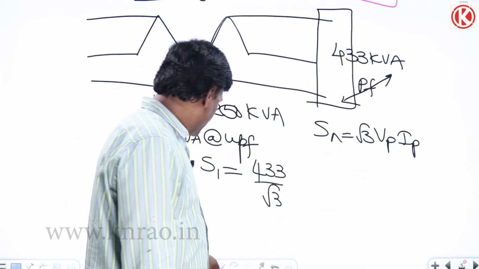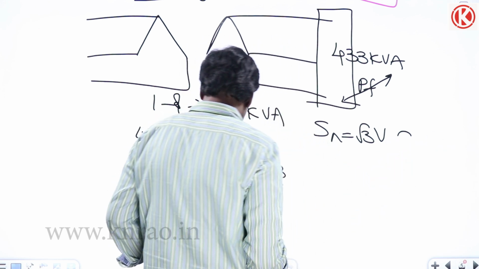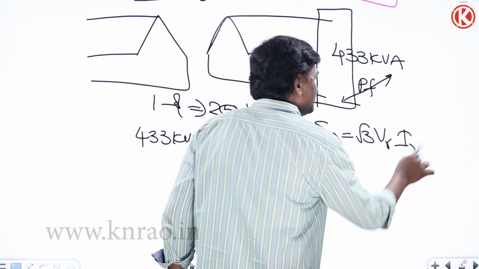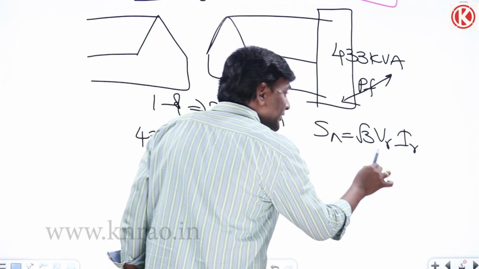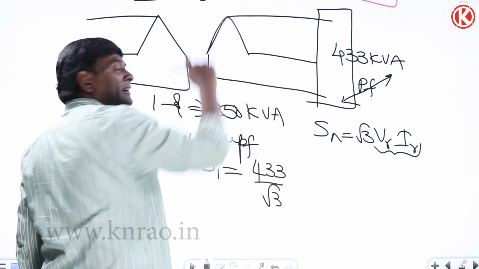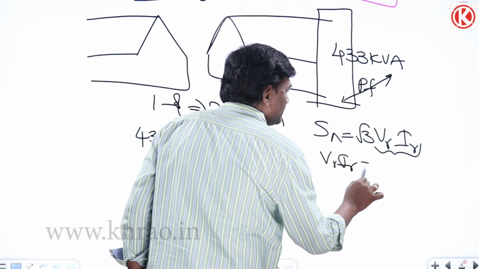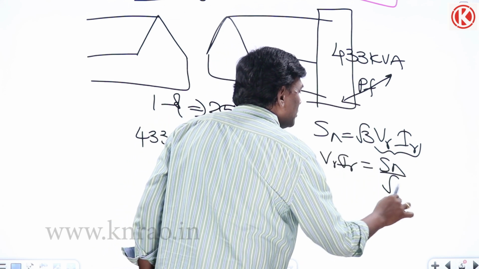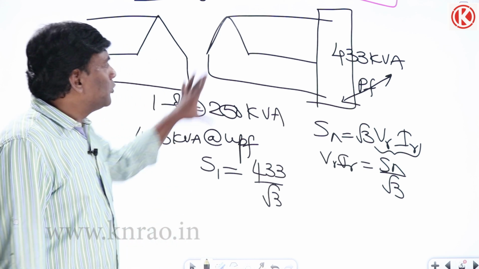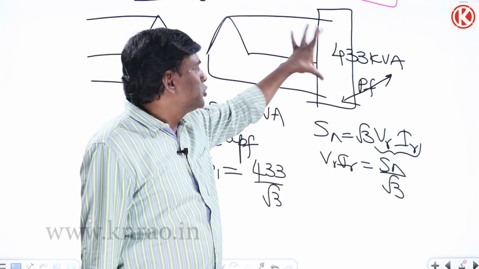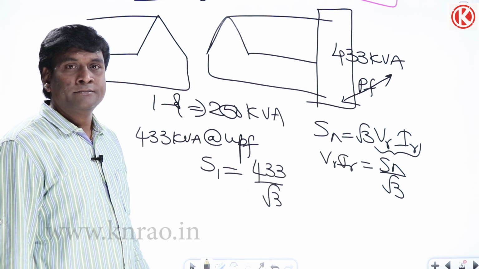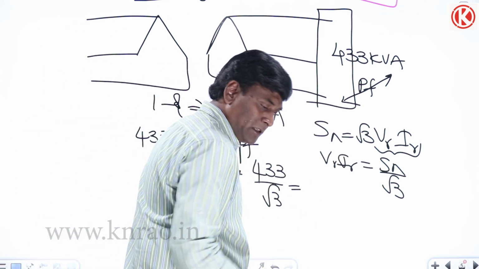V rated, I rated is going to be the single phase capacity. So V rated, I rated is going to be S of open delta by root 3. S of open delta means rated, I am assuming 433 by root 3.